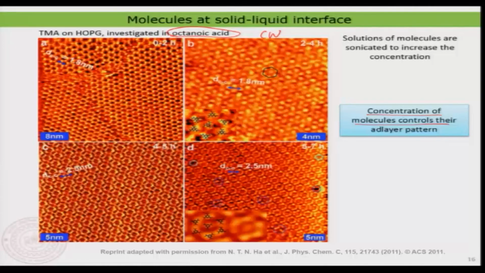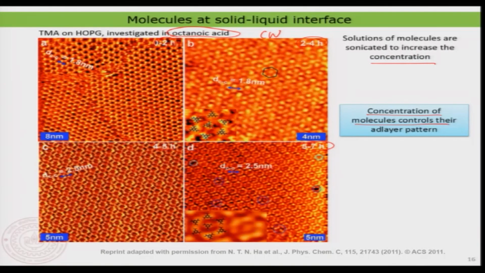Now, if you sonicate it for a longer time, as given here, 0 hour, 2 to 4 hour sonication, 4 to 5 hour, 5 to 7 hour sonication, then what we find is that the concentration of the molecule can be increased with increasing sonication. And then what we find interesting is that when you increase the concentration of the molecule in this liquid phase, we suddenly find both the flower and the chicken wire pattern. So, that means concentration is also playing an important role in controlling the adlayer pattern.